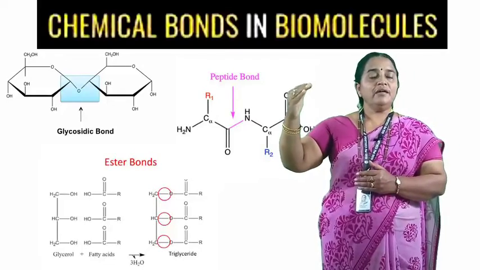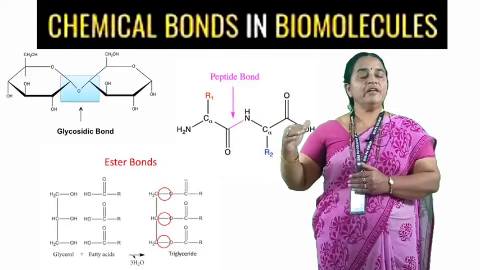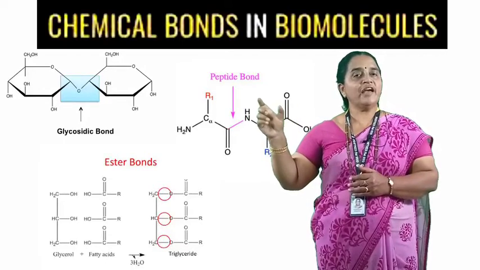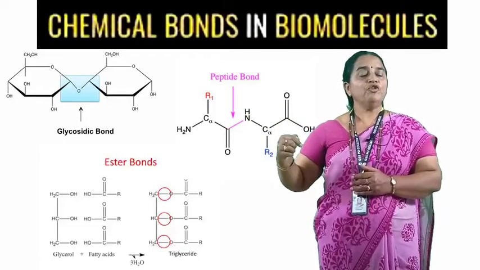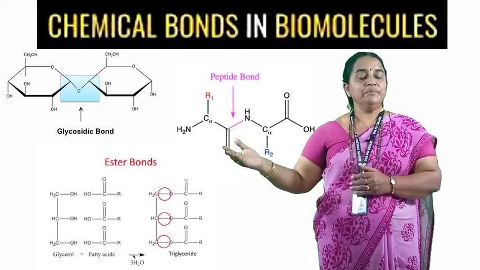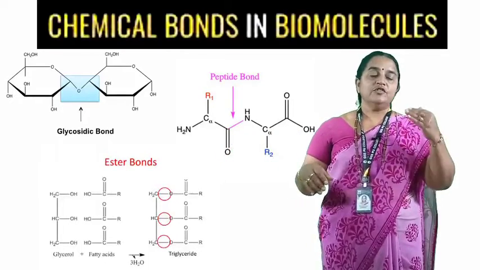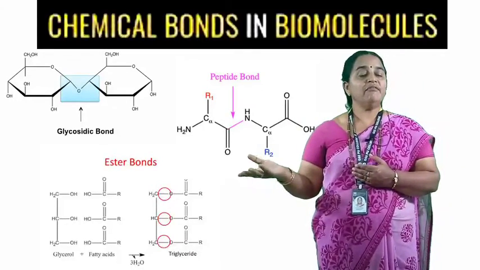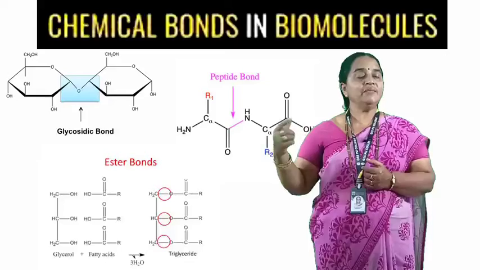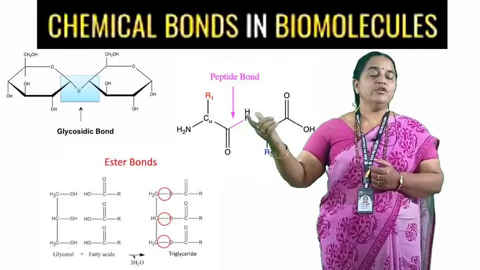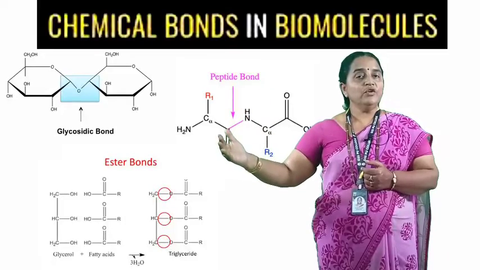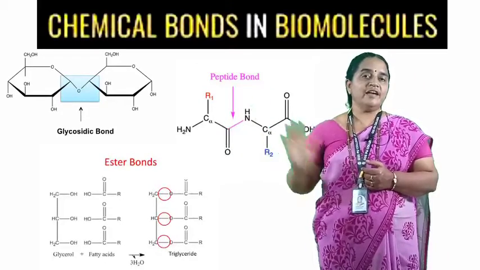As I said, under biomacromolecules, we are learning carbohydrates. Its polymeric form is polysaccharide, made up of monomers called monosaccharides, means simple sugars. So simple sugar molecules reacting with each other by developing glycosidic bond by eliminating a water molecule to form a disaccharide, oligosaccharide and further polysaccharide.